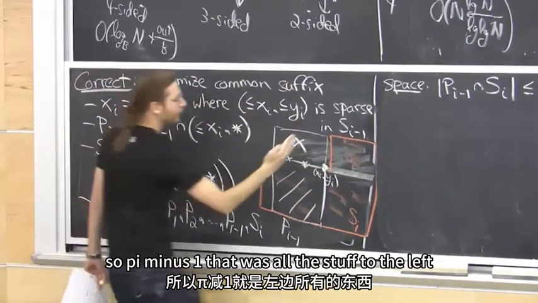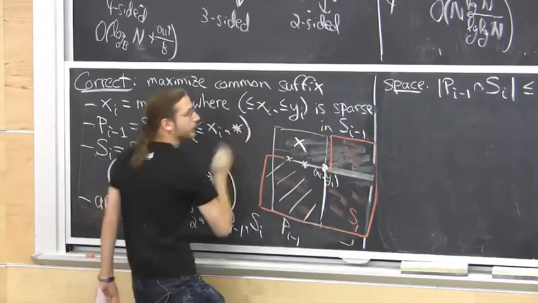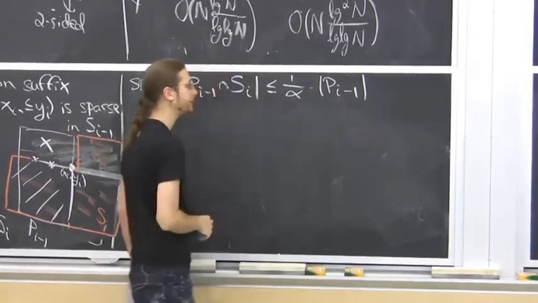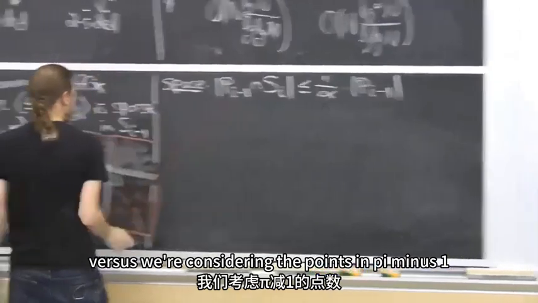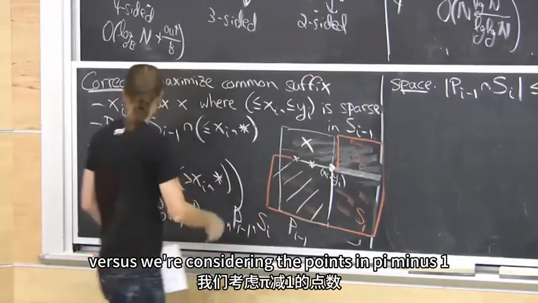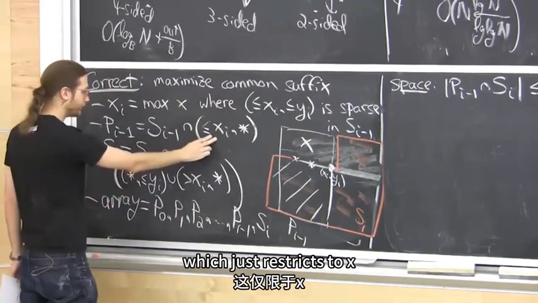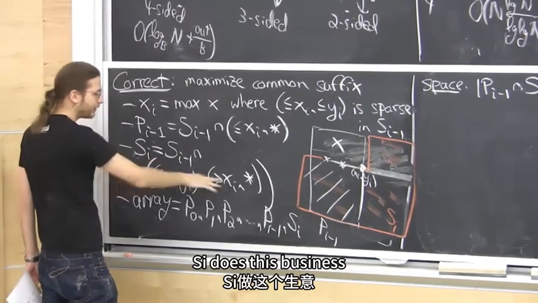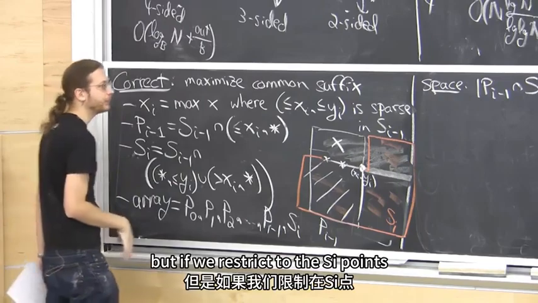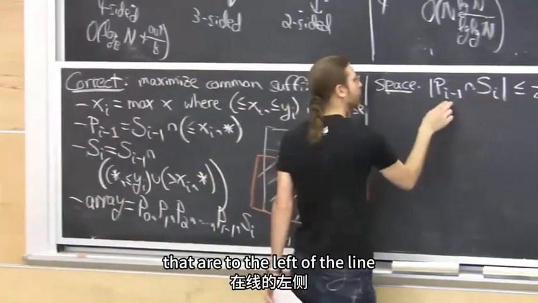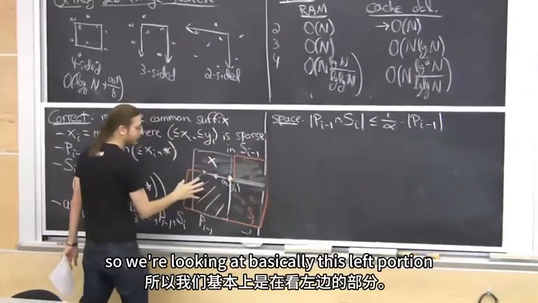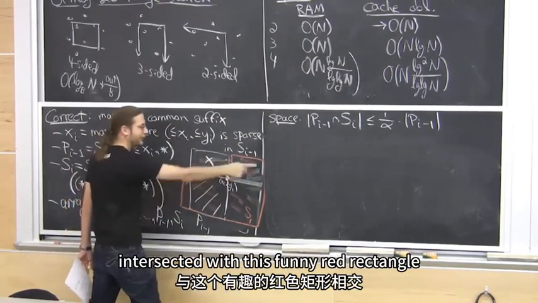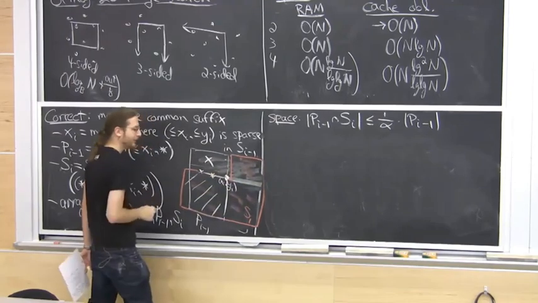So P_{i-1}, that was all the stuff to the left. So that's this thing. This is what we would get if we just did a linear scan from left to right. Versus, we're considering the points in P_{i-1}, which just restricts to x, and then we're looking at S_i. If we restrict to the S_i points that are to the left of the line, we're looking at basically this left portion, which was this white rectangle, intersected with this funny red rectangle, which was kind of awkward.